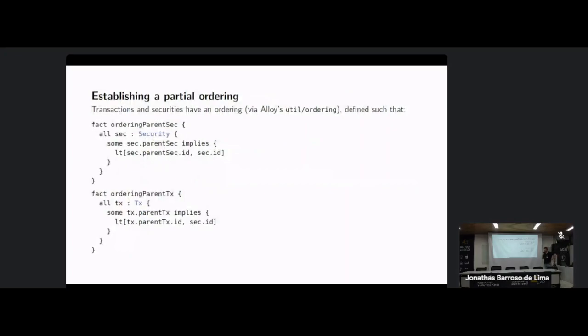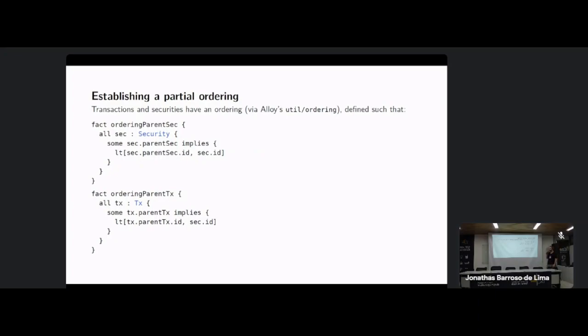And I mentioned that the ID has an order enforced by Alloy, and we can use this order to say that whenever a security is parent of another security, it must follow the order of the IDs. And this avoids cycles in the graph of securities, because if you have an ordered ID on all securities, you cannot have a cycle in them, right?